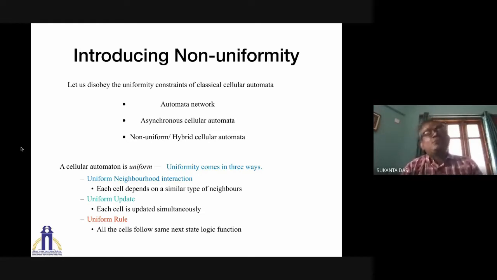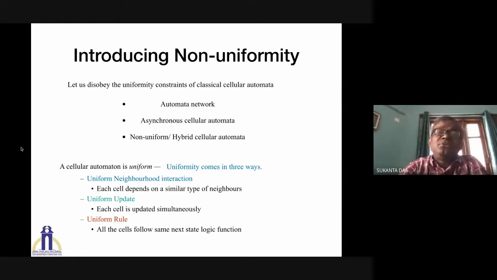Why we are compromising is clear, as I've said before. Let me repeat: here, we shall not compromise with the locality issue.